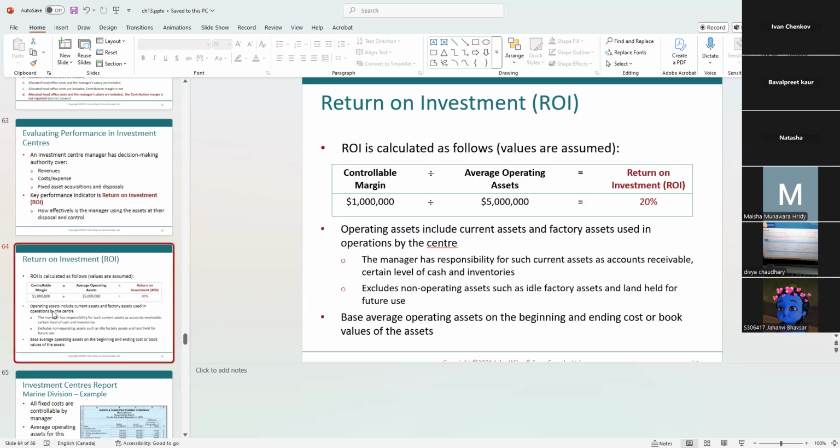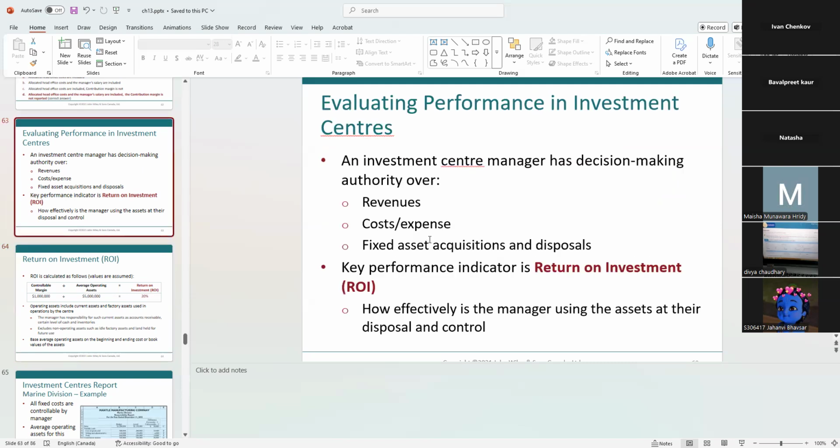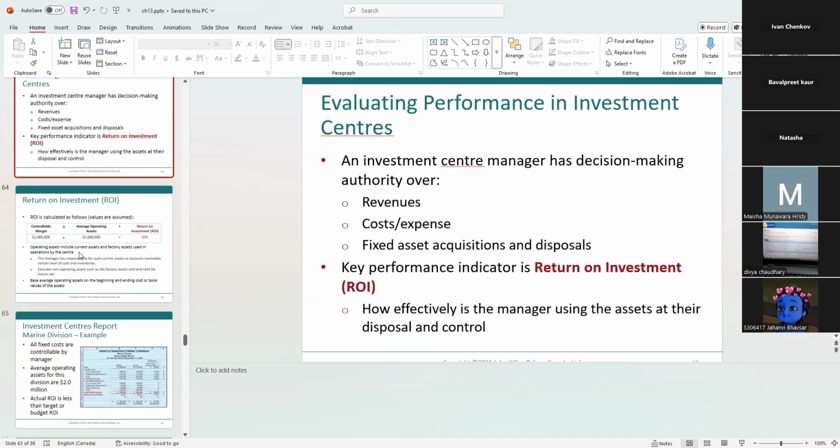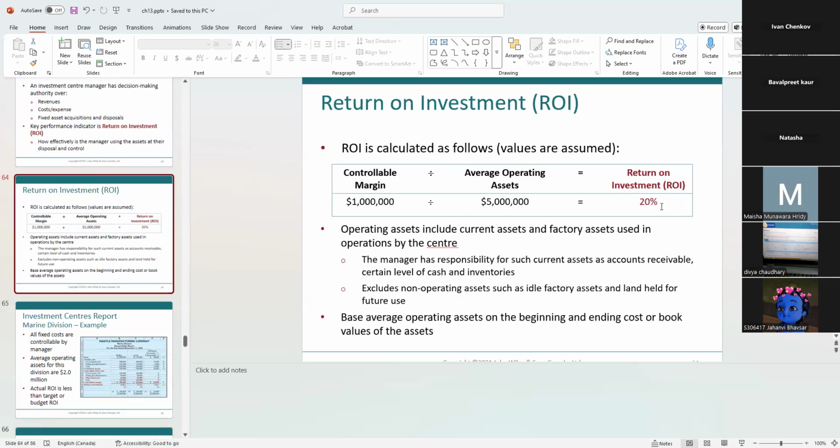The only thing you're going to be missing is that you have to know how to calculate net income. If you don't know how to calculate net income or operating income, then you'll be in trouble. We know from chapter 1 that revenue minus expenses gives you the net income. After that, you have the assets as a denominator, and you can easily calculate return on investment.